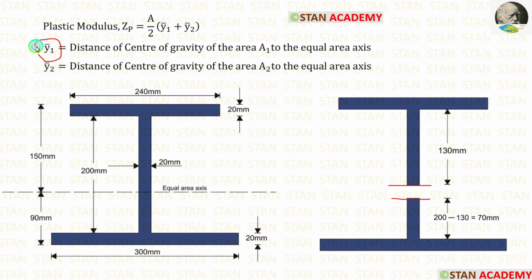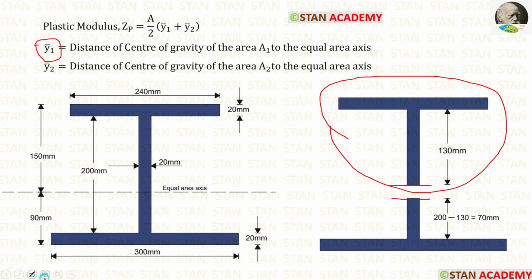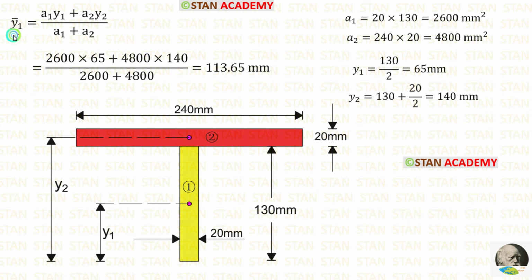Now let us calculate Y1 bar. For that we have to take the area 1. We already know Y1 bar should be calculated from the equal area axis. Here we are having two parts, the web and the flange. Let us keep the web as 1 and the flange as 2.